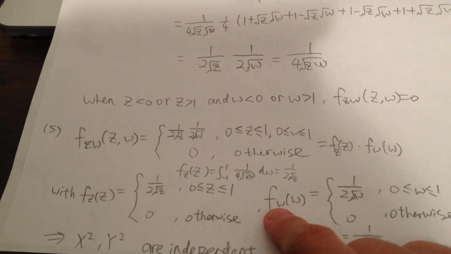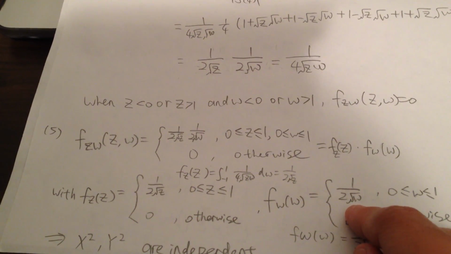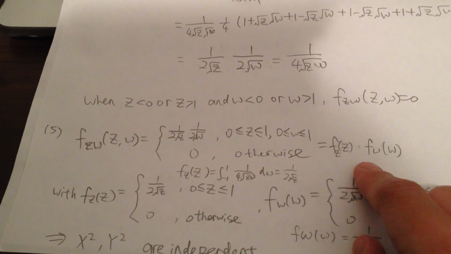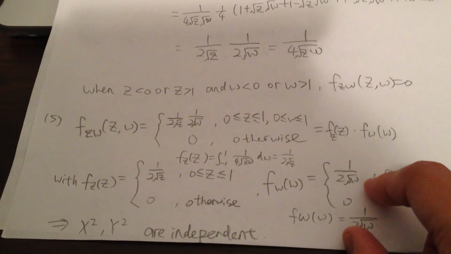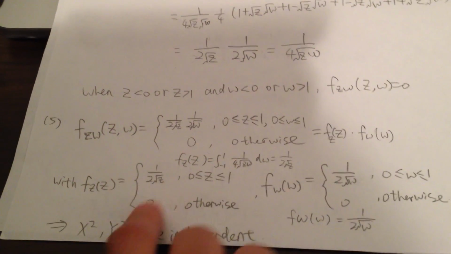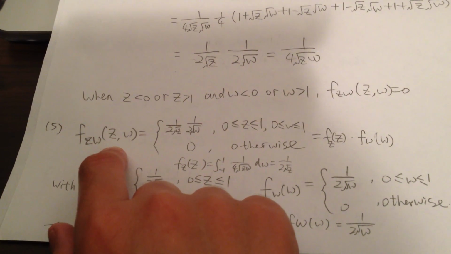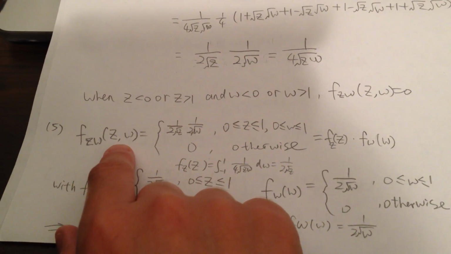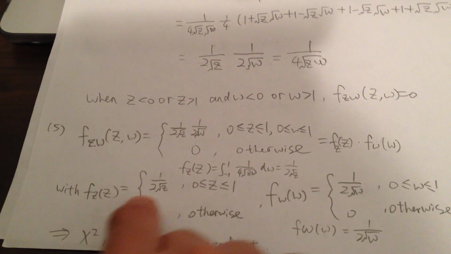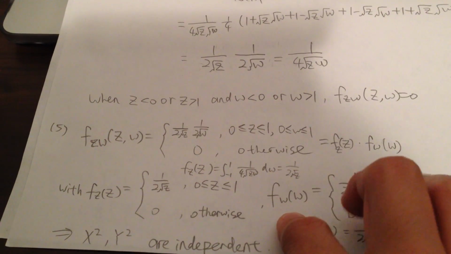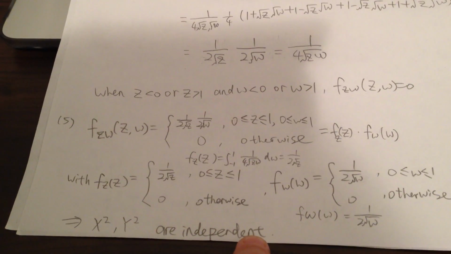Similarly, we can get the marginal function f_W(w), which is also 1/2 times 1 over the square root of w. So clearly the joint density function f_ZW equals the marginal function f_Z times f_W. That means they are independent.